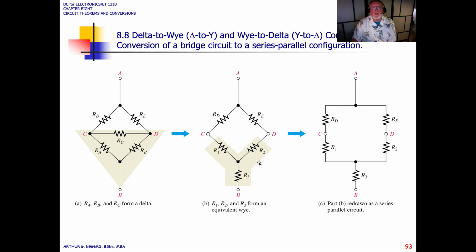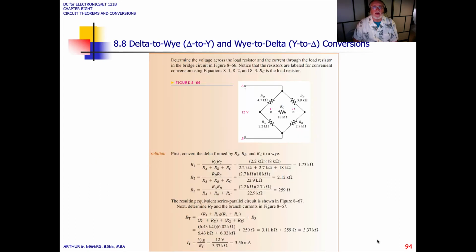R1, R2, and R3 then form the equivalent Y for this circuit, and then we can redraw the relationship in a series parallel. It's just a way of using those tools to make a simplification in the circuit. It has a few steps that you have to do, but it certainly makes the math a lot easier.